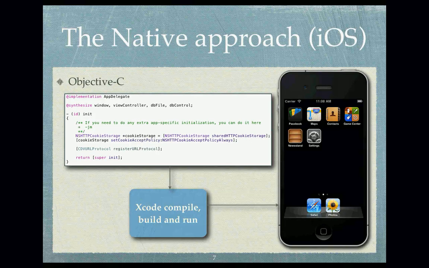So let's look at the native approach before we get into the HTML5. Under the native approach, under iOS, like I said before, you have Objective-C. Objective-C is a C-like programming language. It's a little more user-friendly to read, but for those unfamiliar with Objective-C, if you look at the white box that I have here in this slide, you can see it looks a little bit cryptic.